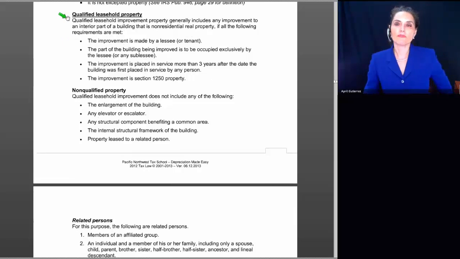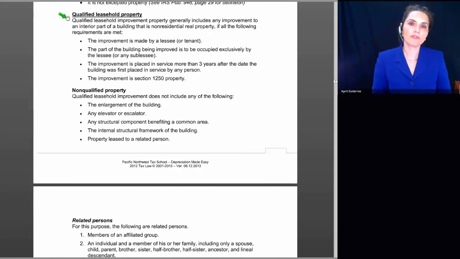So let's look at qualified leasehold improvement property, because qualified leasehold improvement property is property that qualifies for a 15-year life, but it can also qualify for bonus depreciation. And it can also qualify in certain cases for a Section 179 deduction. So let's take a look at what qualified leasehold improvement property is.